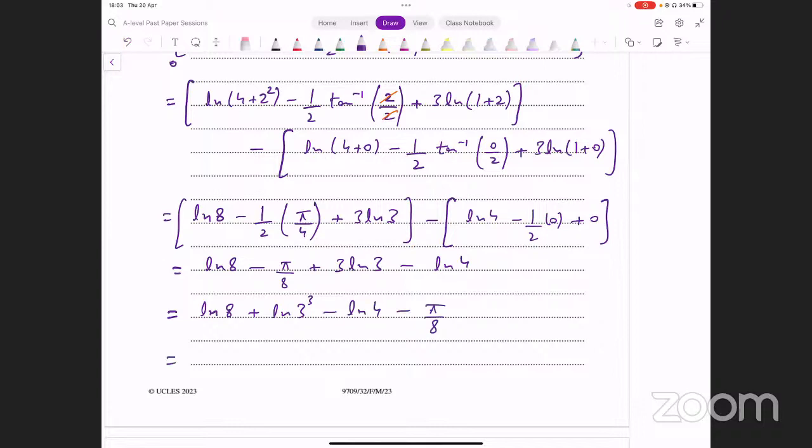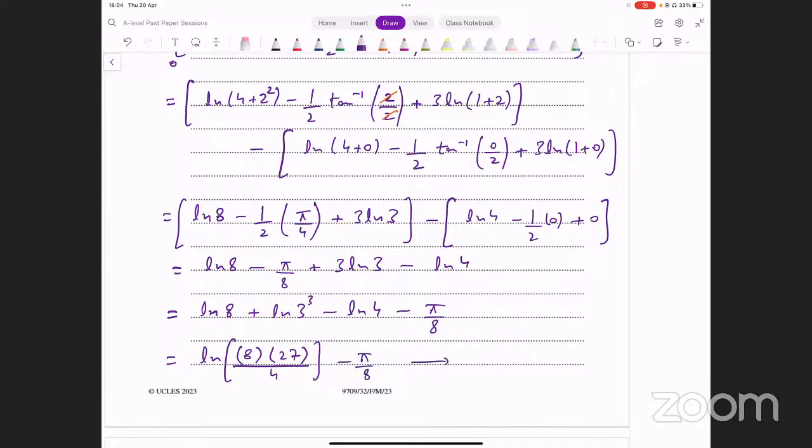And now this can be written as ln of, if you apply the product rule, the multiplication law and the division law together, जहाँ पे प्लस आ रहा है जिन टर्म्स के साथ वो मल्टीप्लाई हो जाएंगी, वो न्यूमरेटर में आ जाएंगी. So you have 8 into 3 cube, which is 27. 4 के ln 4 के साथ माइनस है, वो डिनोमिनेटर में चला जाएगा. So we have 4 in the denominator minus pi over 8.